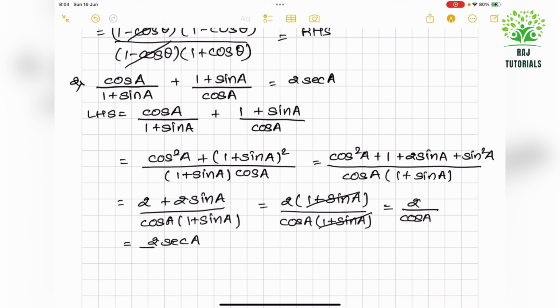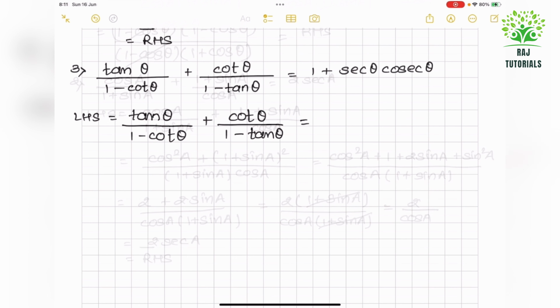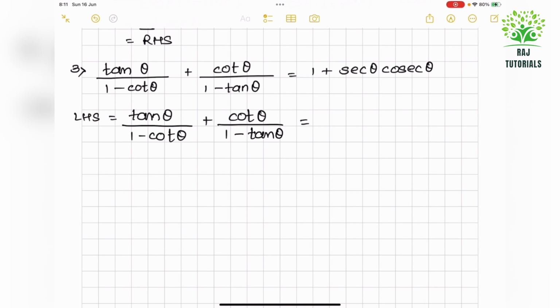Now 2 upon cos A is nothing but 2 sec A, because 1 upon cos is sec. Now third one is tan theta upon 1 minus cot theta plus cot theta upon 1 minus tan theta equal to 1 plus sec theta into cosec theta. So first here also LHS I am taking and I am converting it into sin theta and cos theta.